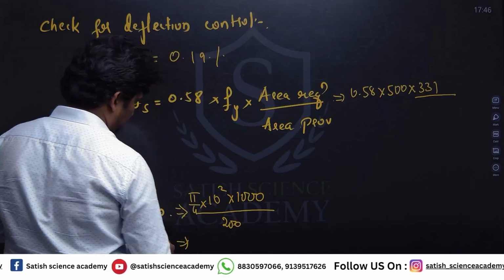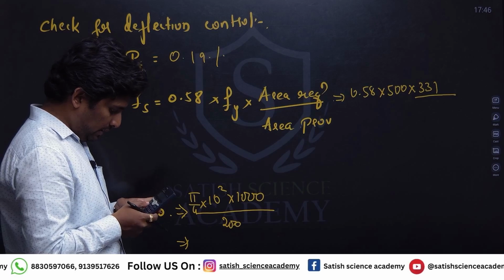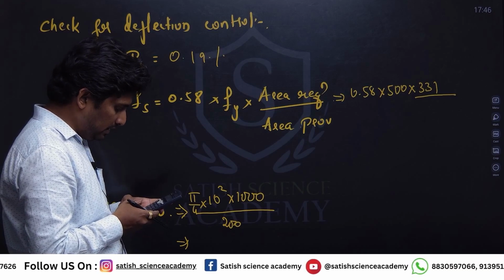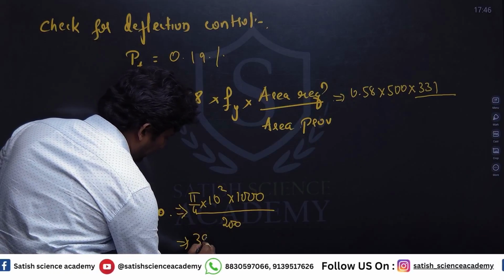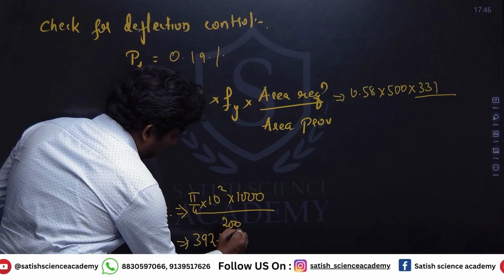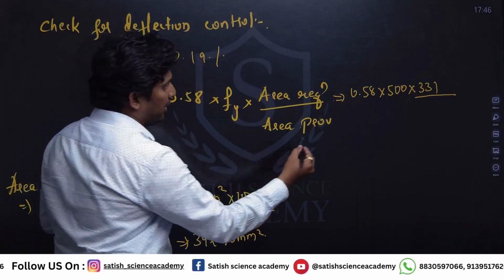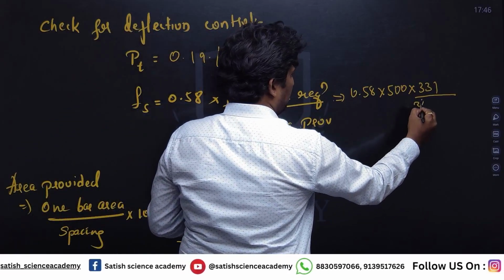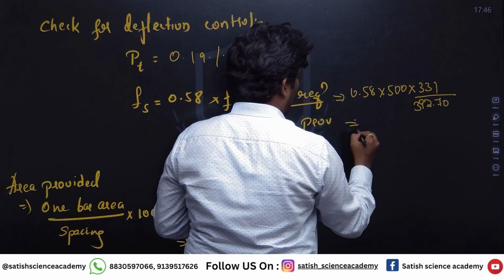So this value you get is 392.70 mm square. You substitute this.